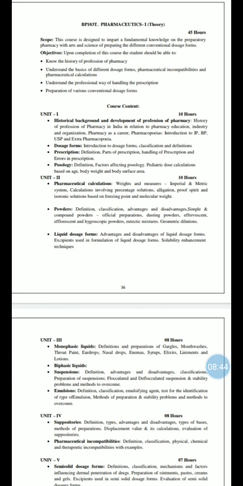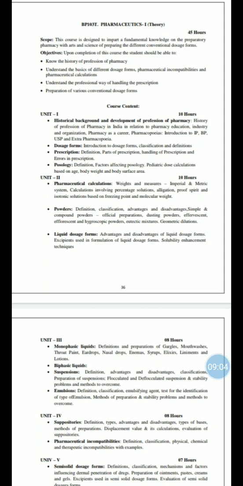In unit 1 we will see the history of pharmacy, then career opportunities in pharmacy, then various pharmacopoeias, whether it is IP, that is Indian Pharmacopoeia, or BP, or the USP, or the extra pharmacopoeia.